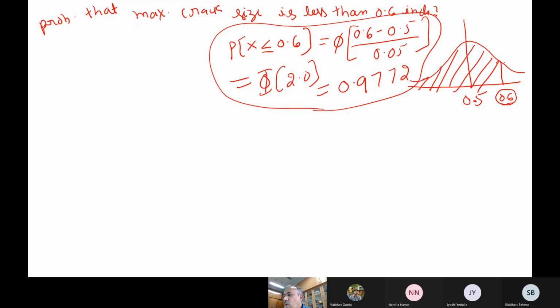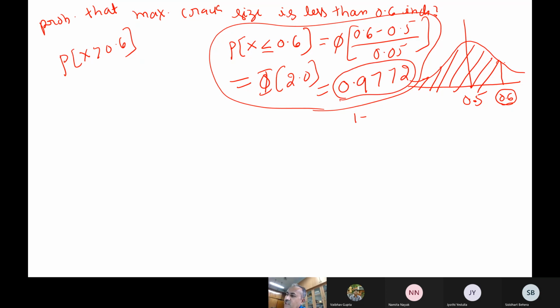Now what is your comment? If I ask you the probability that the crack size will be more than 0.6, how much will that probability be? We have X less than or equal to 0.6. Suppose I ask X greater than 0.6, how much will this value be? It is 1 minus this actual value, which is about 0.0228.